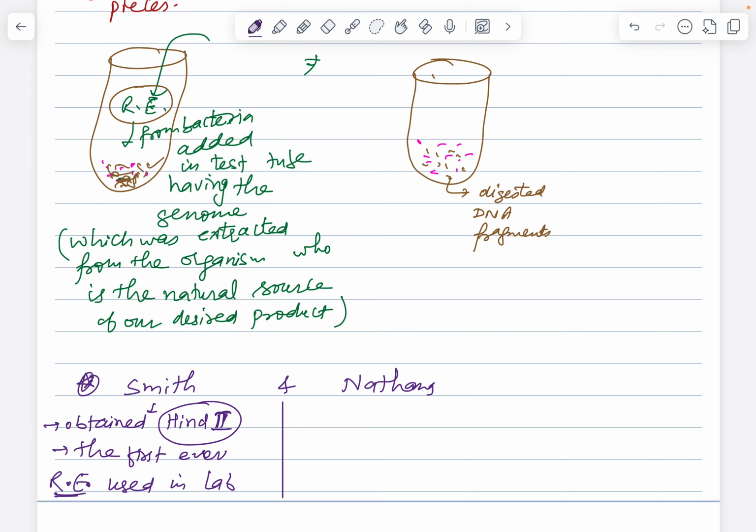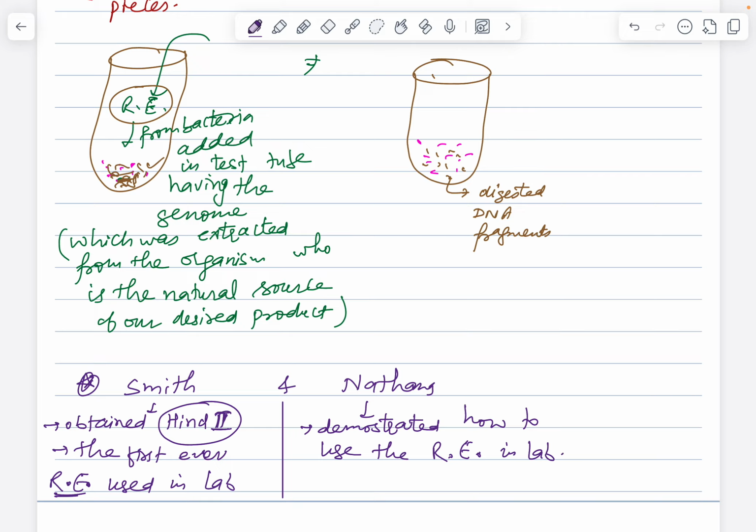Okay, and Nathans demonstrated or developed the protocol. Demonstrated how to use the restriction endonucleases in the laboratory.